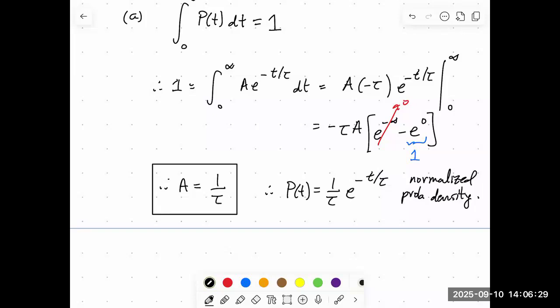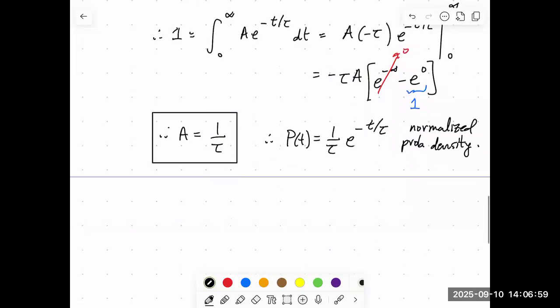And so we said if that's the case, then p of x times dx has to be unitless. dx has units of, say, length. So p of x has to be 1 over length. Here we have a probability density as a function of time. And so its units has to be 1 over time. And there it is, the 1 over tau. Tau has units of time in order for the argument of the exponential to be dimensionless.